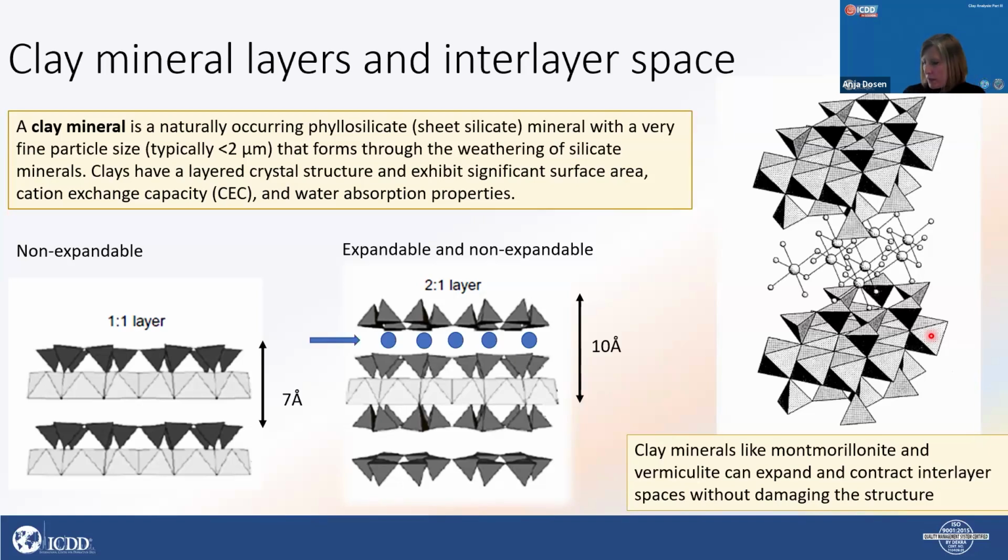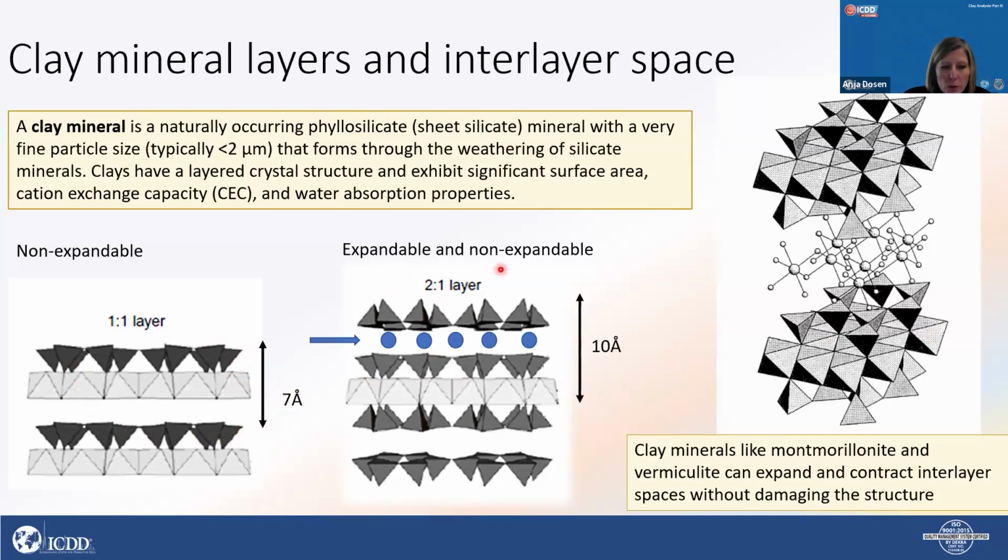And here we can see that clays, as I mentioned, can be expandable and non-expandable, and we can see the difference in their interlayer spacing, or d-spacing. For 1-to-1 clay, for example kaolinite, it's a non-expandable clay, and the interlayer spacing is more or less 7 angstrom. We'll talk about this more.